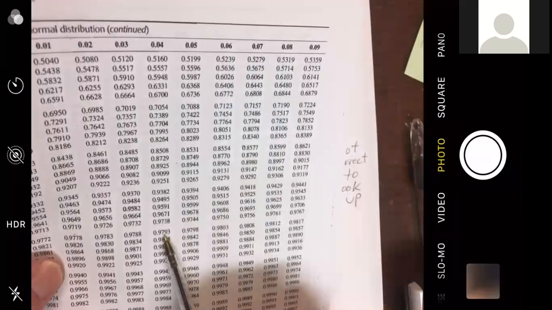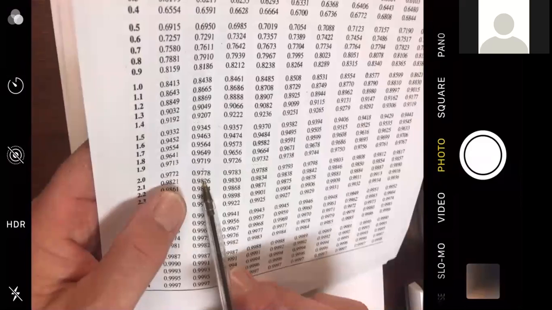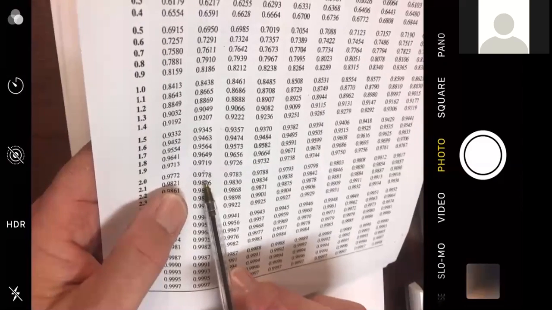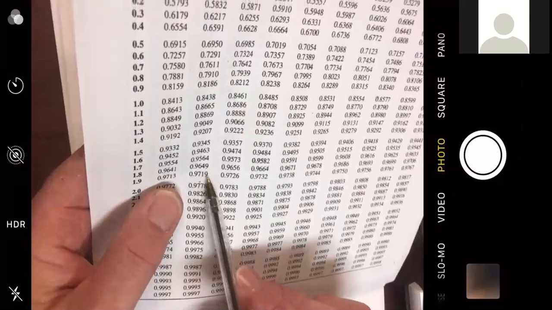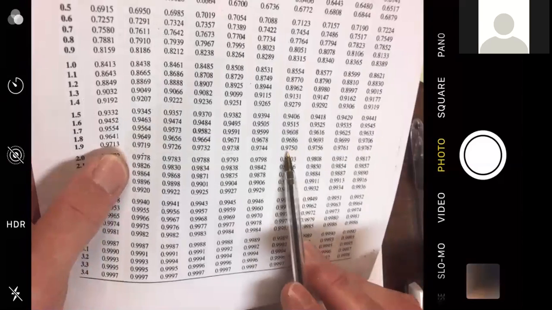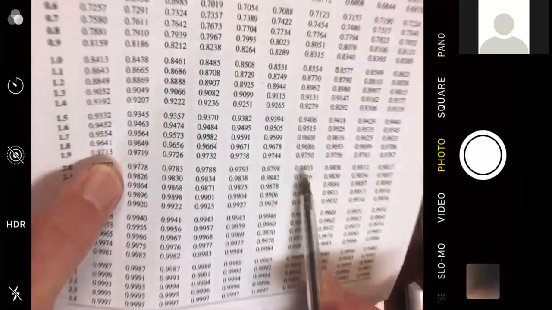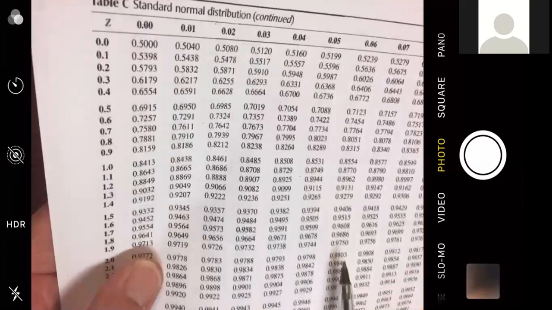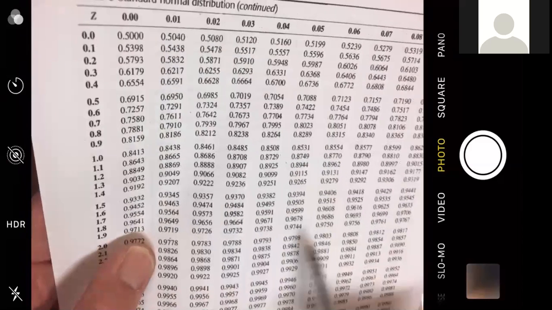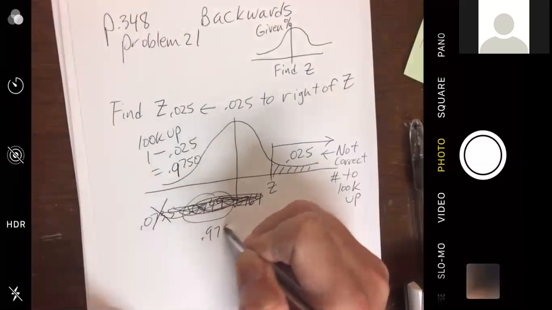0.975. There we are, it's there exactly. I don't know if I can get the whole sheet on the screen, but we're in row 1.9, column 0.06, 0.9750.